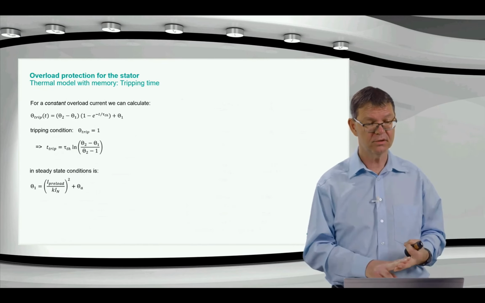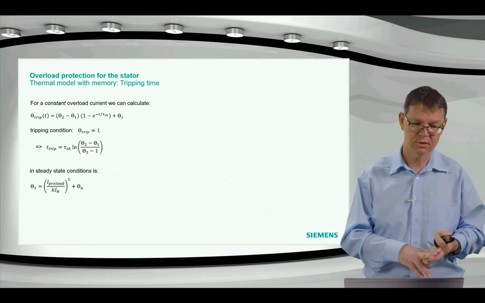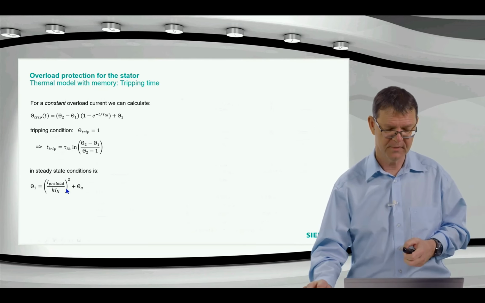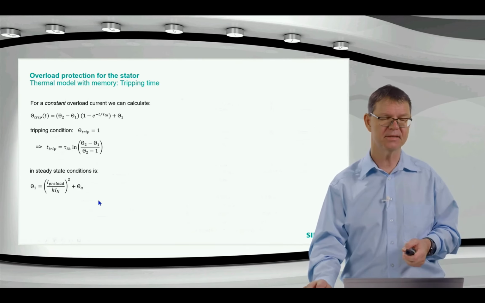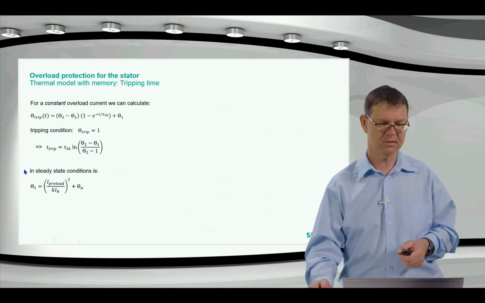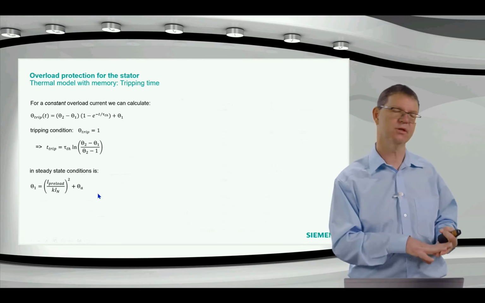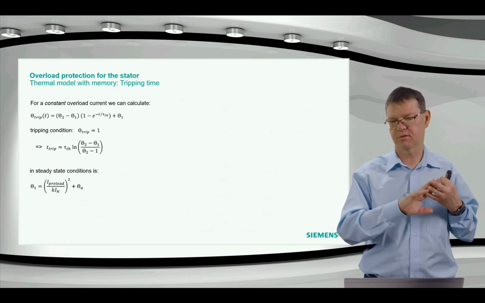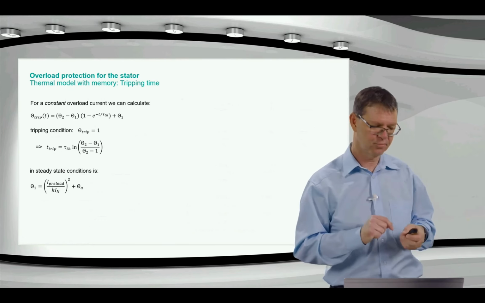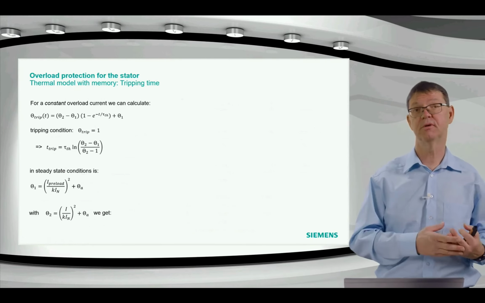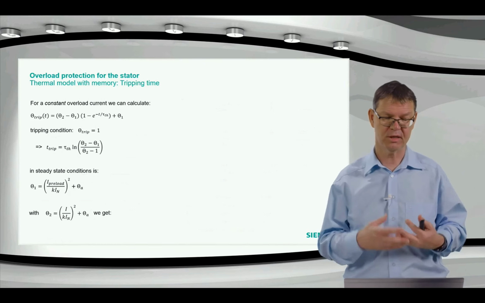So the starting condition is I have a certain preload condition squared plus a certain ambient temperature. And this must be a steady state situation. And I get a certain temperature with a certain steady state preload current. And now I have suddenly another current, a current jump.